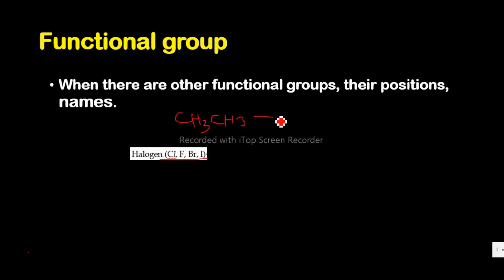And this is ethane. But when I remove one hydrogen and I substitute it with maybe a Cl, something of this kind, now this one changes, and the reactions of this are totally different from the reactions of ethane, just CH3, CH3. They are different.